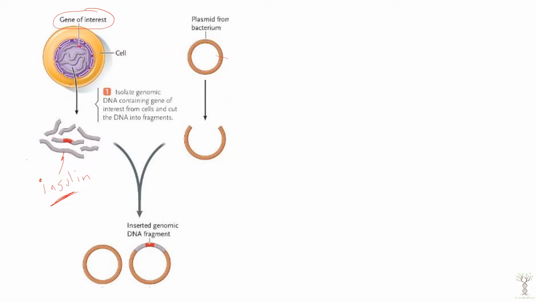So we're going to look at our fragment of DNA that contains our insulin gene. And we have to isolate a plasmid from our E. coli bacterial cell. And then we cut our fragment with the same restriction enzymes as we use to cut the plasmid. Then we mix them together.